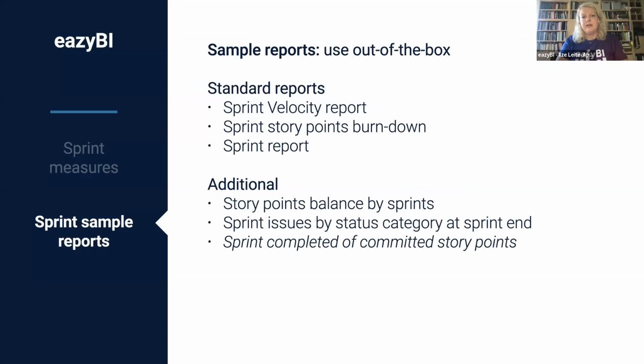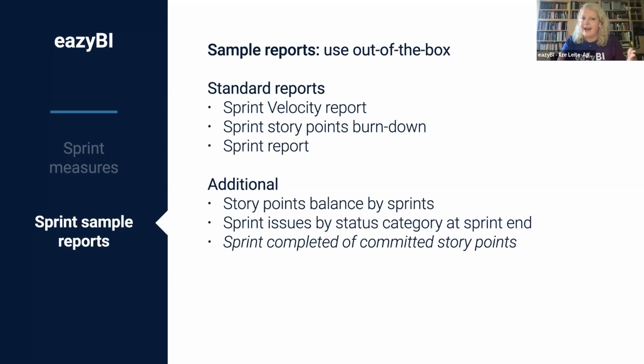The second thing we provide when you import data from Jira Software is sprint sample reports. This is a set of the most popular sprint reports imported into eazyBI. They are standard sprint-related reports, which are very popular, as well as some additional reports that give insights from different angles.